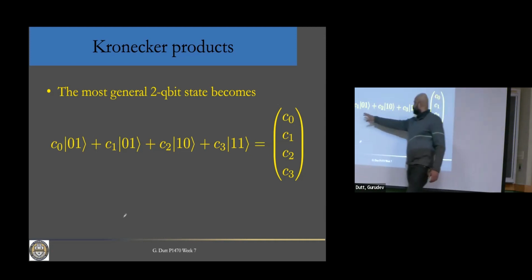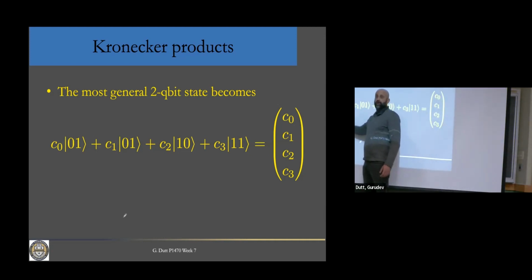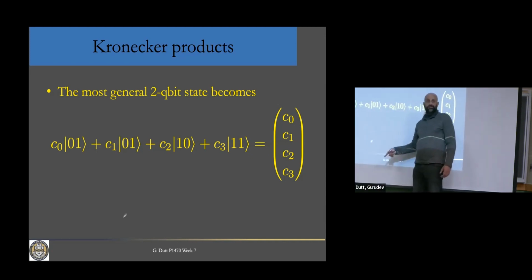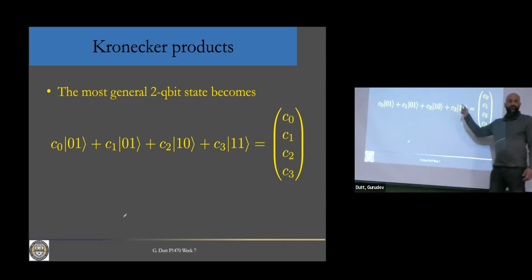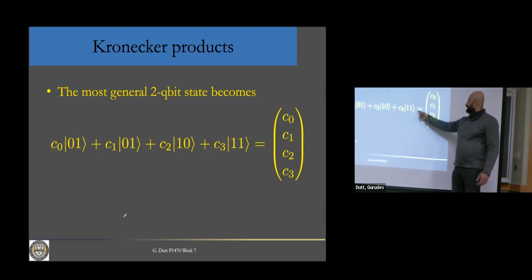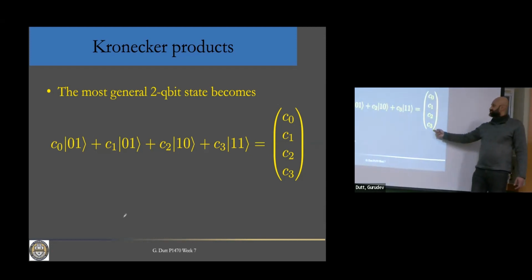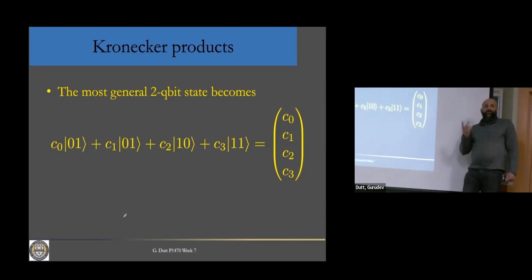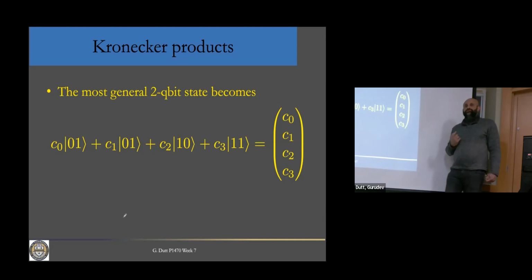And then if I now take the most general state, so C0 times column vector 1, 0, 0, 0, plus C1 times column vector 0, 1, 0, 0, C2 times column vector 0, 0, 1, 0, and C3 times 0, 0, 0, 1, adding them all up together, I get a column vector which is C0, C1, C2, C3. So the Kronecker product of two kets, or the most general ket, is 1 column and 4 rows.